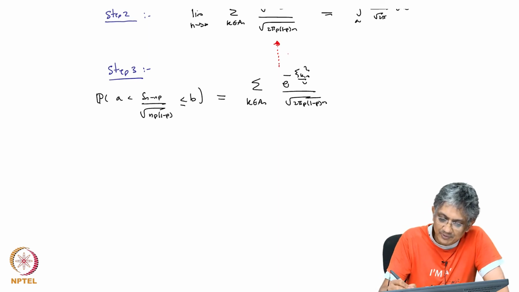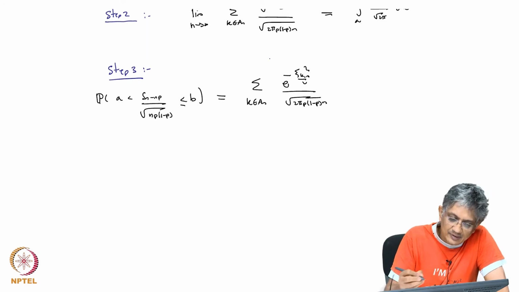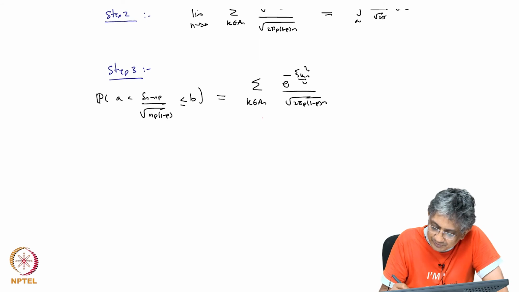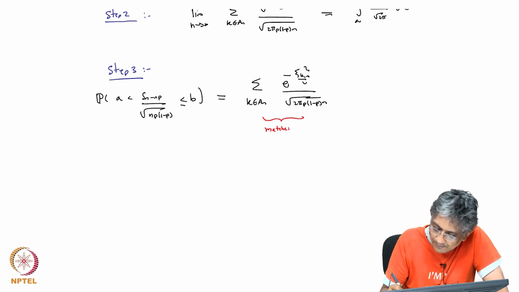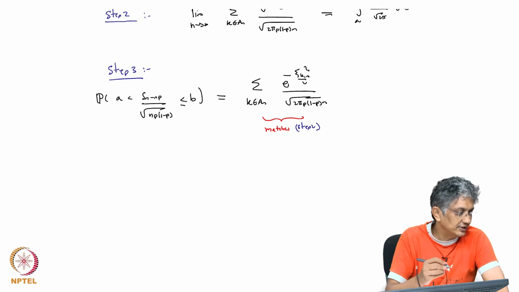So this is the part that matches step 2. Then what's left is you have to show the left is an error term.